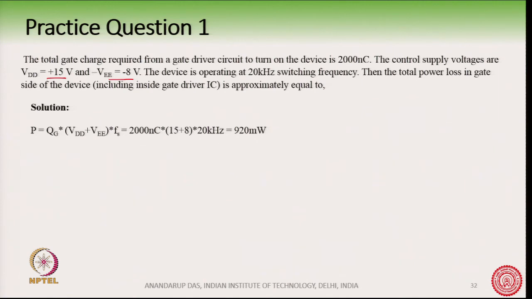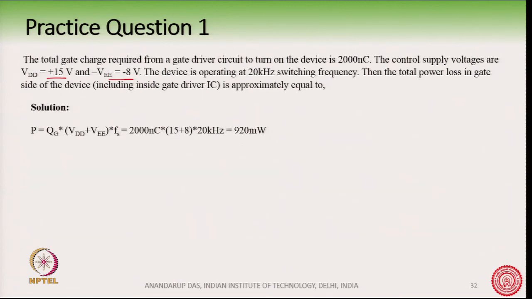So, the total power loss is the power loss happening in each switching instant multiplied by the switching frequency.